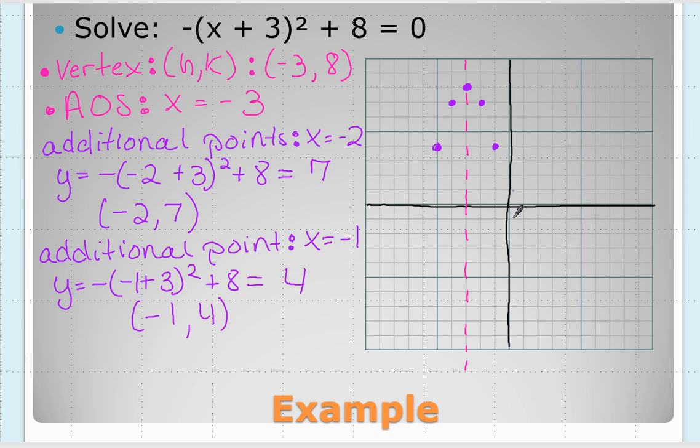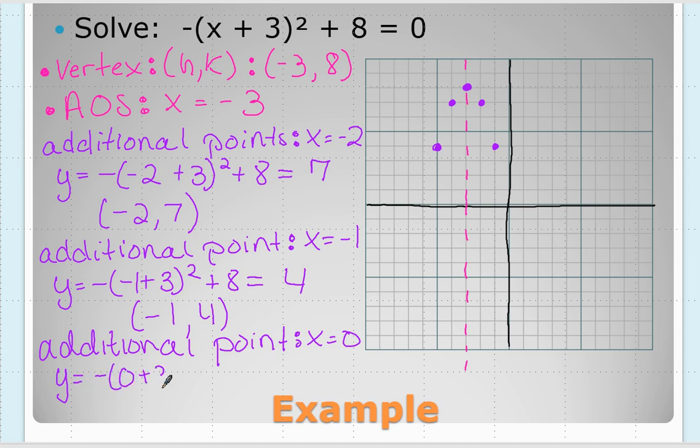So let's try 0, our y-intercept. And that's going to equal -1. So at 0, I'm at -1.